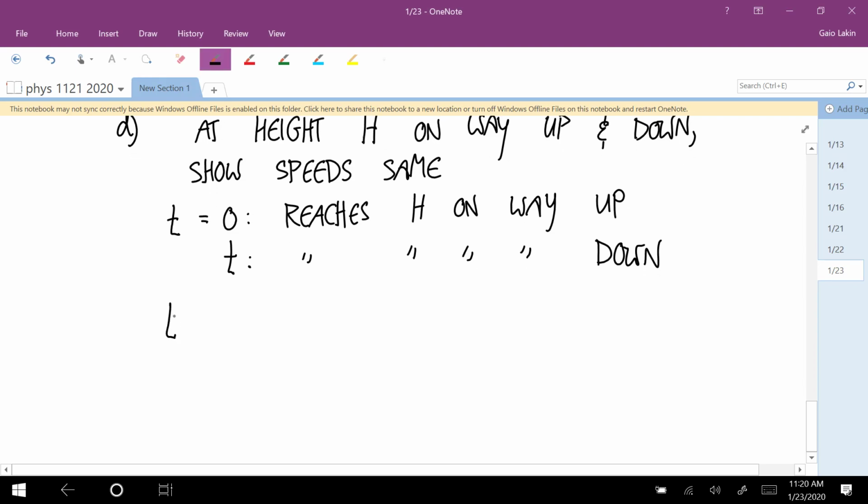And so now let's think about what variables we know and what variables we want to find. t, a, p0, p, v0, v. It's free fall, so a is negative g. At time equals 0, the height is capital H. At time t, the height is capital H.